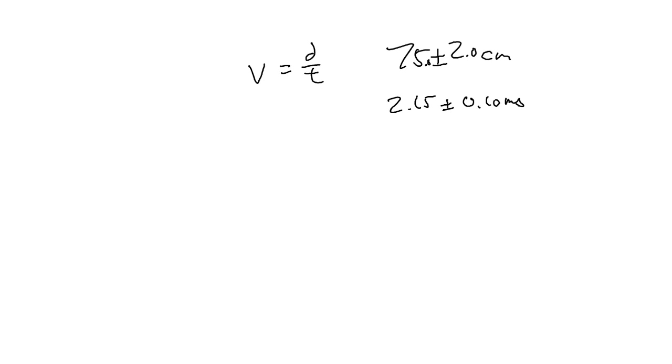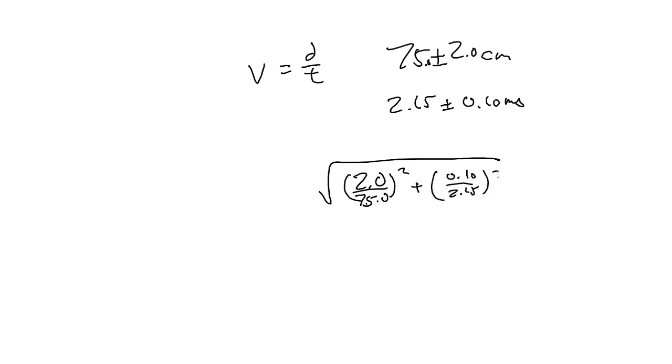So remember how fractional uncertainties work. So basically how this is going to work is we're going to be measuring the percents, right? So let's start off with this. So let's take the square root of 2 over 75 squared plus 0.1 over 2.15 squared, right?